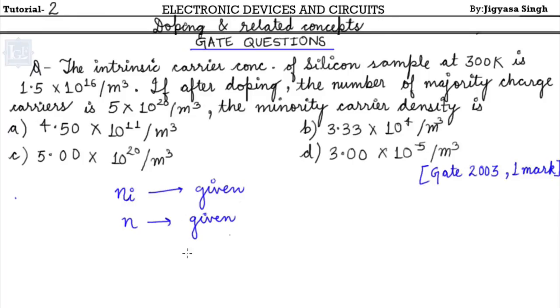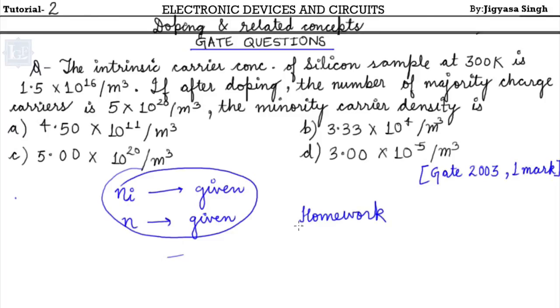Right, so both of them are given. So this is a homework problem because this is very easy. I don't want to solve it. I've done similar questions just now. So post the answer below and let me know what is the correct answer.